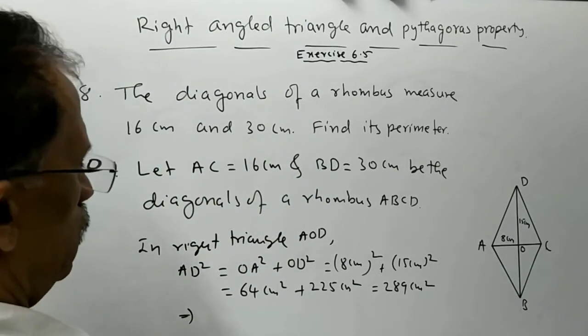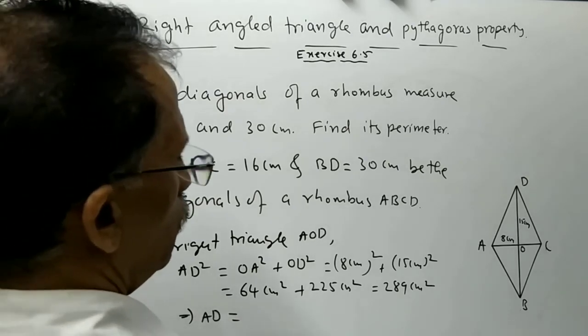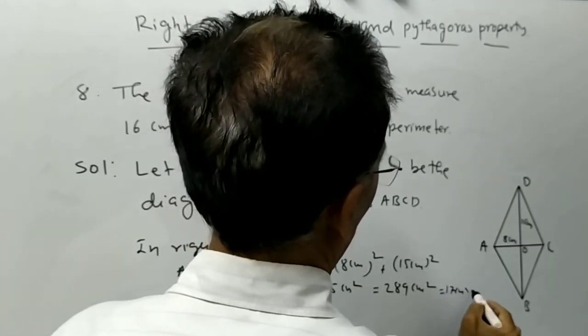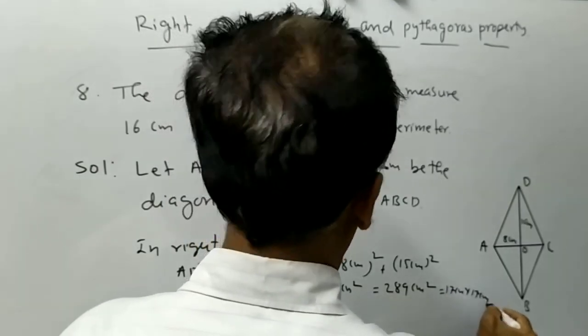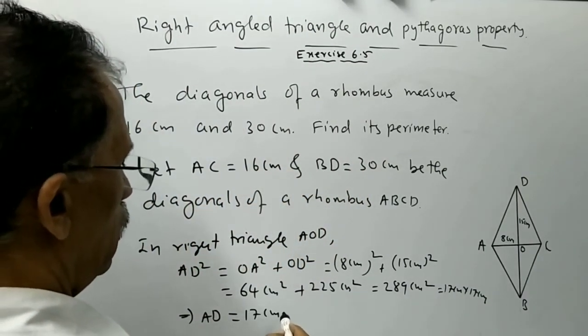This implies AD is equal to, this 289 is nothing but 17 centimeter into 17 centimeter. Therefore, AD is equal to 17 centimeter.